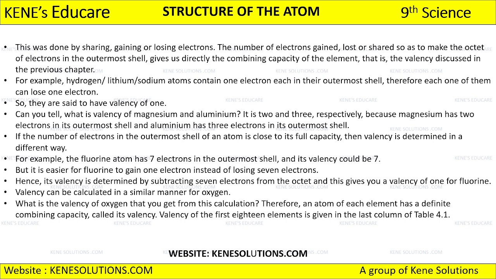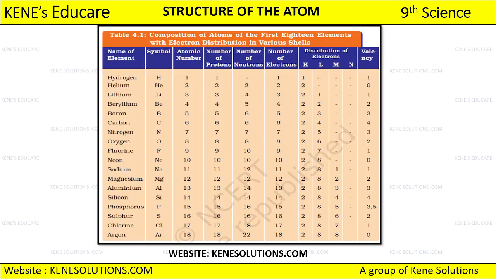I hope every one of you has taken note of all the important points that we have. Now in this table, we have the composition of atoms of the first 18 elements with electron distribution given.